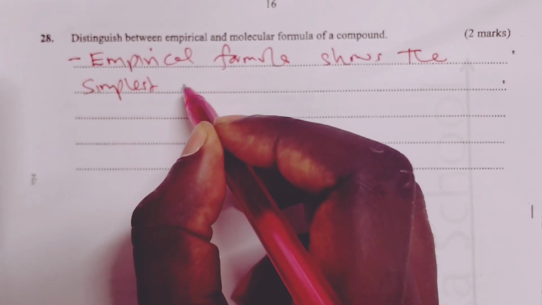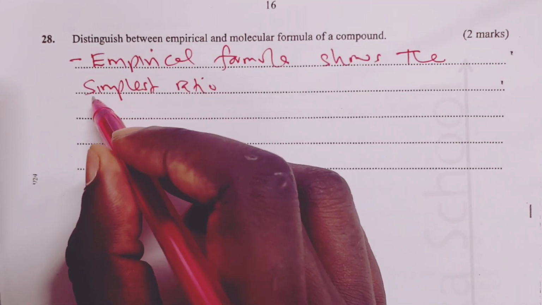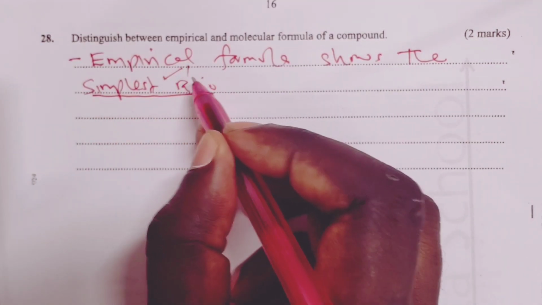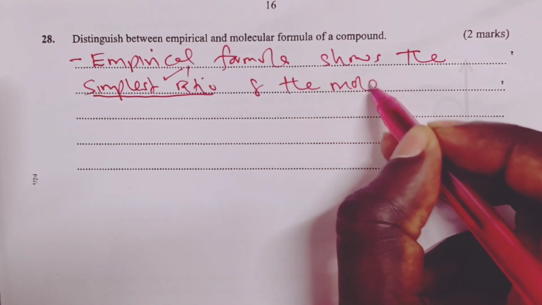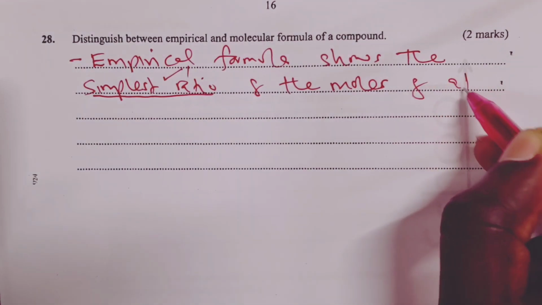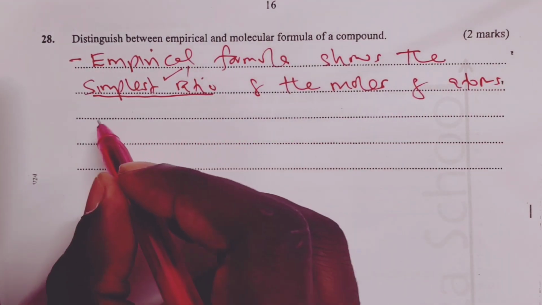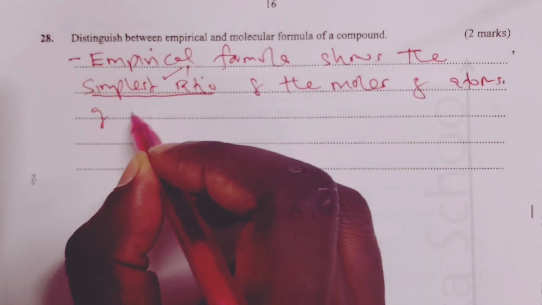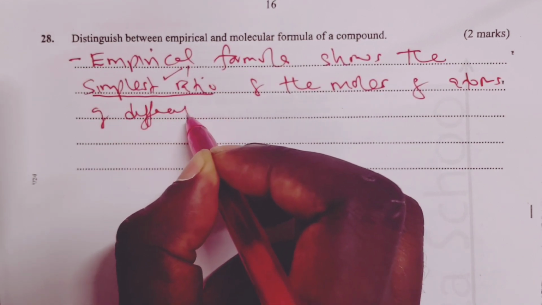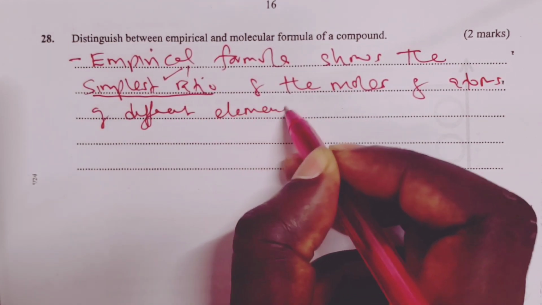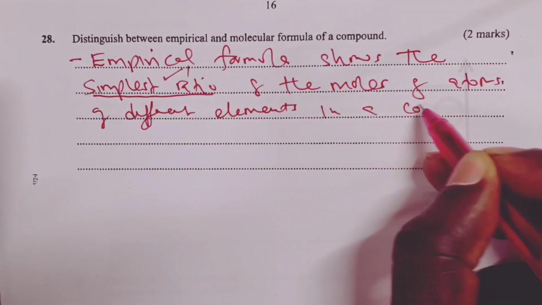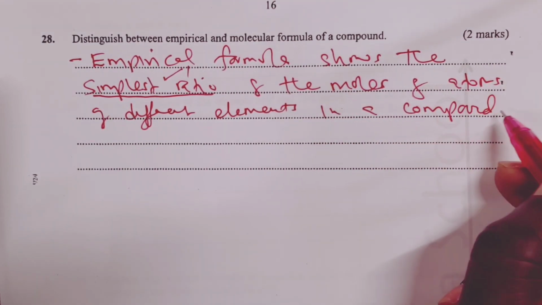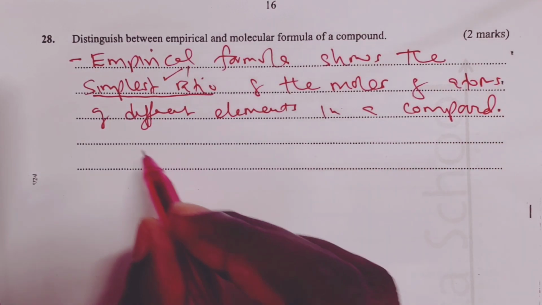So the marking point here is simplest ratio for the first mark of the moles of atoms of different elements in a compound. That is the meaning of empirical formula.